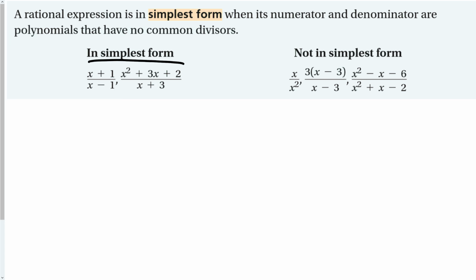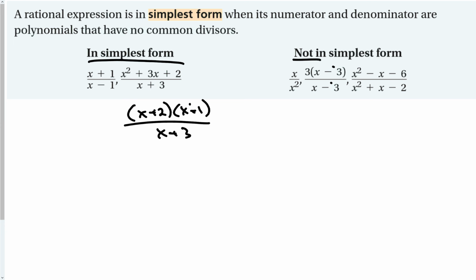Just looking at this, we can't necessarily tell if there's anything to cancel, but if we factor the top to x plus 2, x plus 1 over x plus 3, none of these are common factors, so nothing can cancel. These three are not in simplest form because this has an x in common, this has an x minus 3 in common, and again, it's tough to tell whether that last one has a common factor.